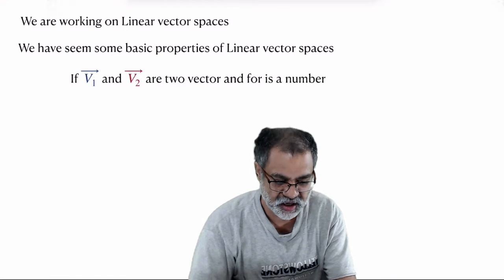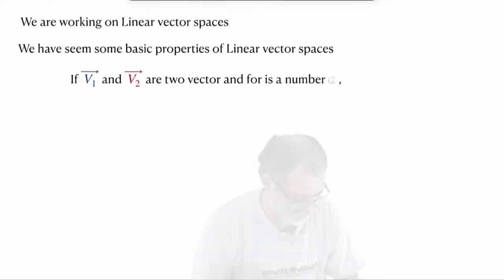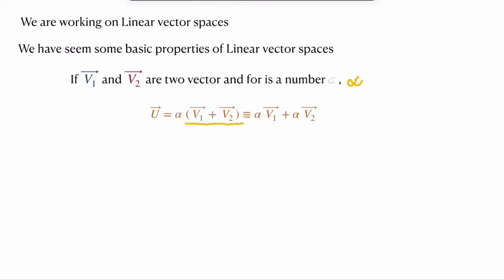So if V1 and V2 are vectors and alpha is a number. Alpha is not visible here, so let me mark it. So alpha is a number. Then alpha times V1 plus V2 is expressed as alpha V1 plus alpha V2.